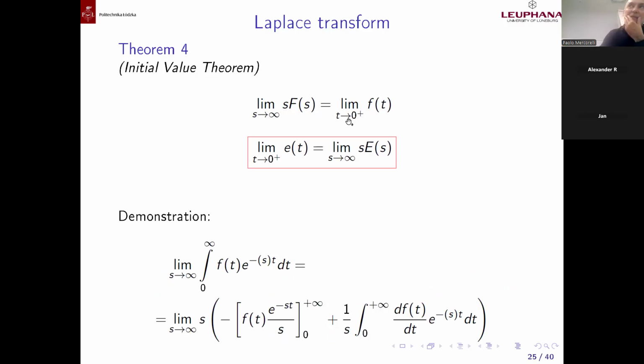Why the initial value theorem? Because we can calculate the initial value of a function f of t. Initial value means at t to 0, or better to say 0 plus. You remember the concept of 0 plus and 0 minus? When t is going to 0 from the right, which equals the limit of s multiplied by F of s for s towards infinite.